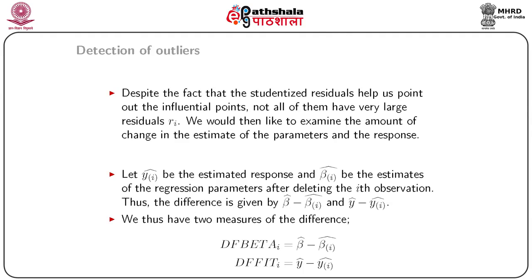Let ŷ_i be the estimated response and β̂_(i) be the estimate of the regression parameter after deleting the ith observation. We thus have two new measures of the difference using ŷ_i and β̂_(i).